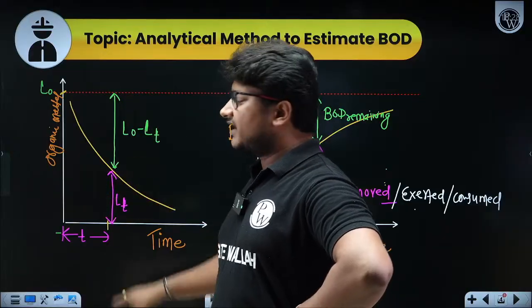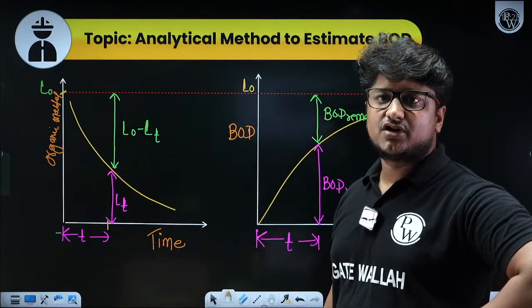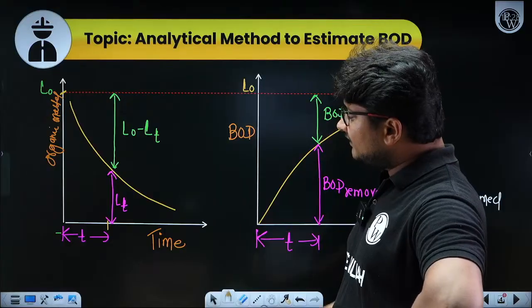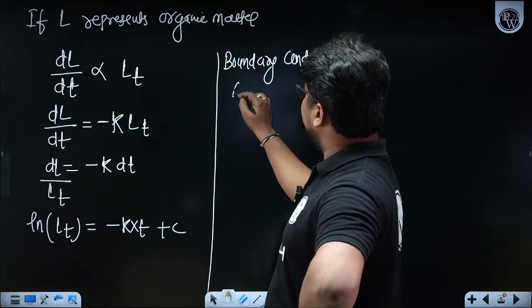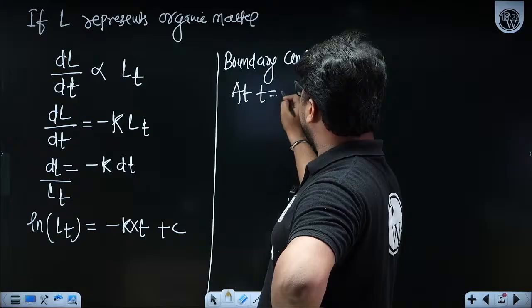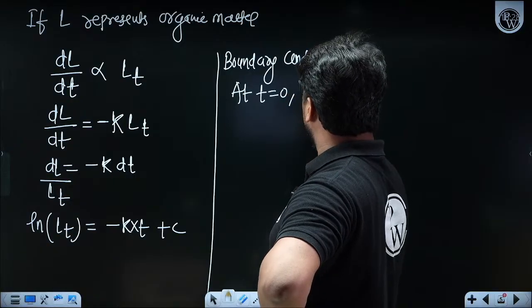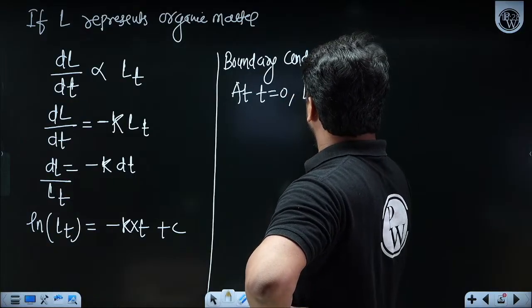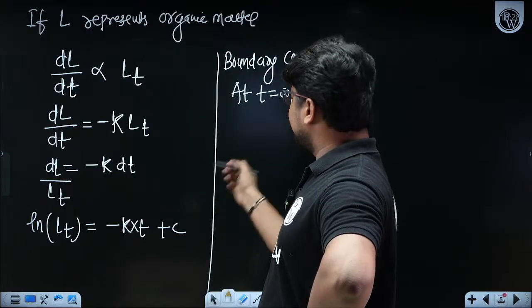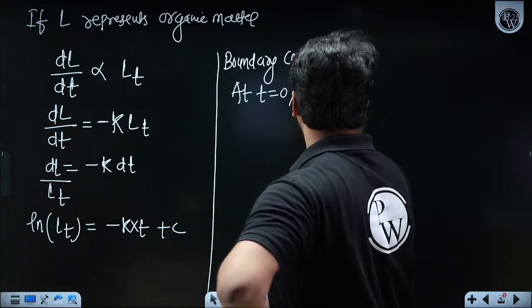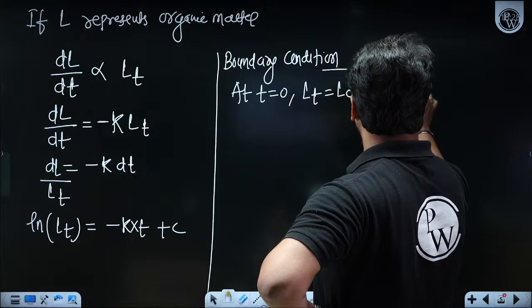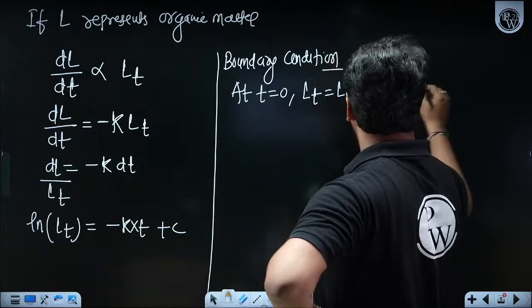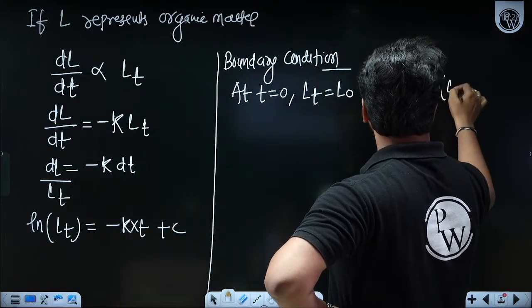So the remaining organic matter at time 0, when the degradation has not started yet, means at t equal to 0, your Lt will be L0. By using this boundary condition, I got C equal to ln L0.